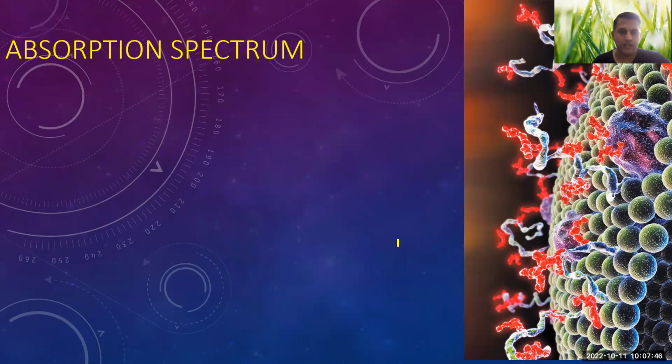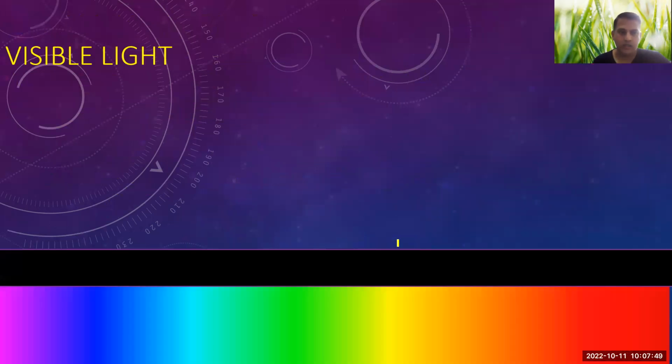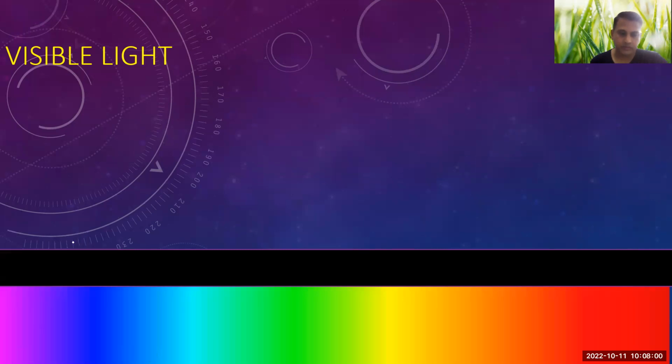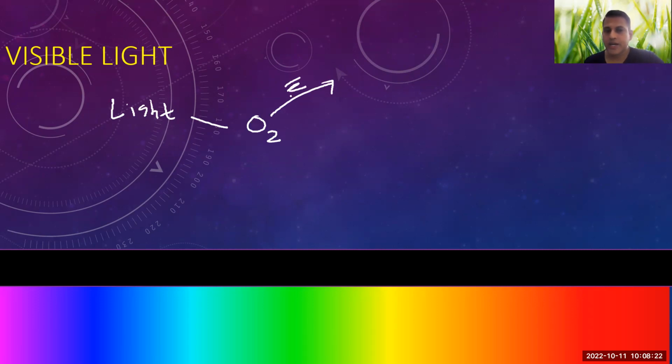But for understanding, I can also explain it this way, right? If there is too much light, then this oxygen absorbs the light energy, and oxygen can lose its electron.